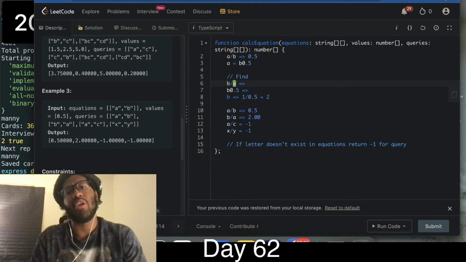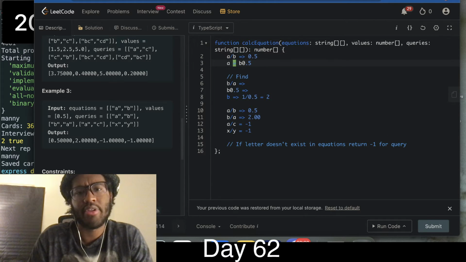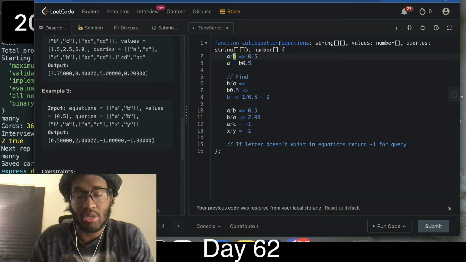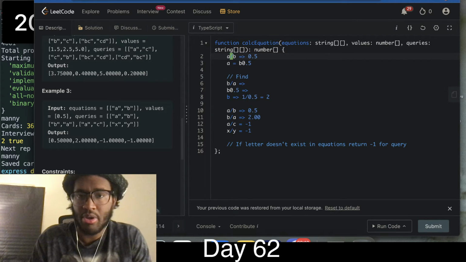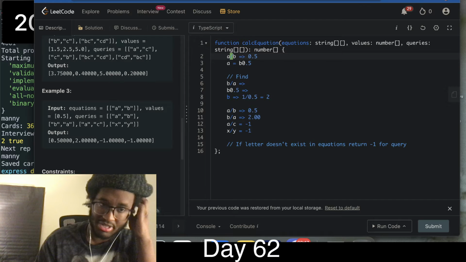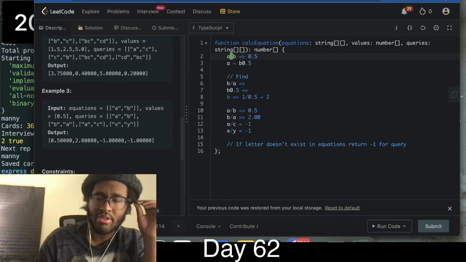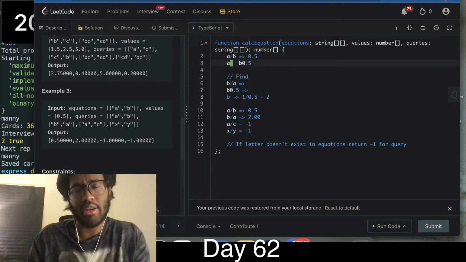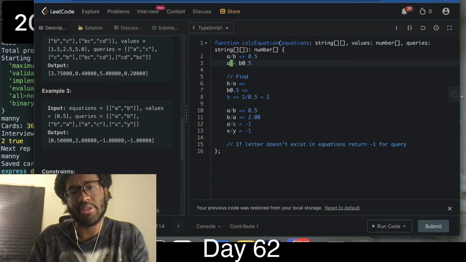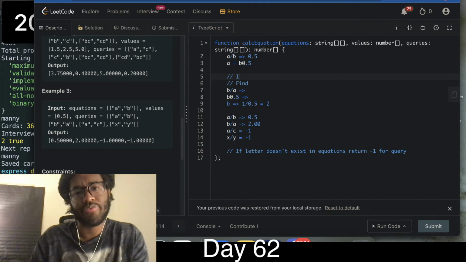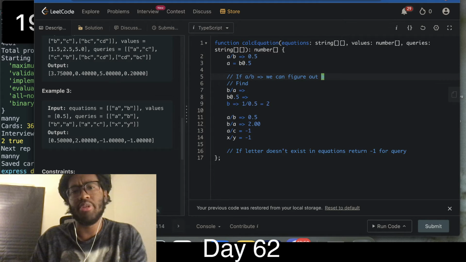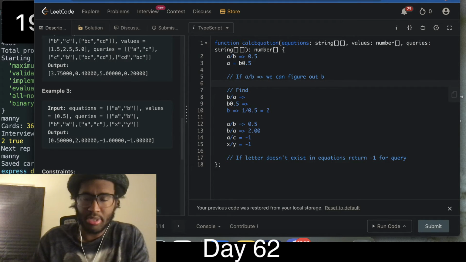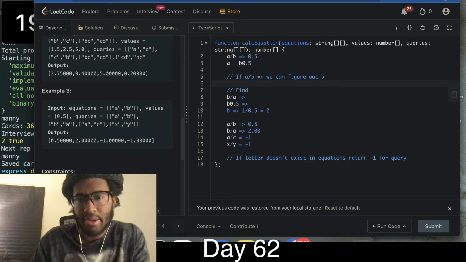So let's just say, now that we know that we have A divided by B, what we can figure out is what B is. If we can figure out B, how do you do that?